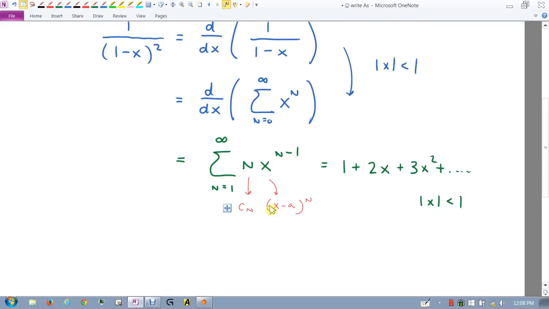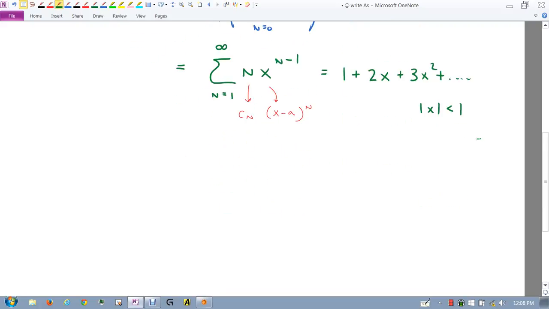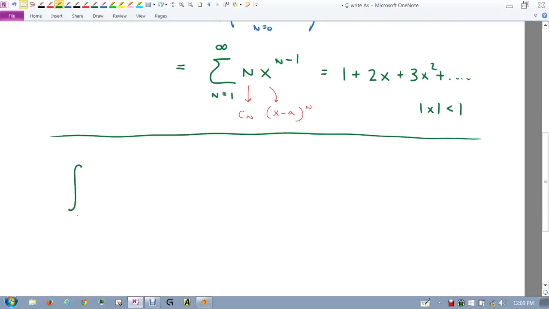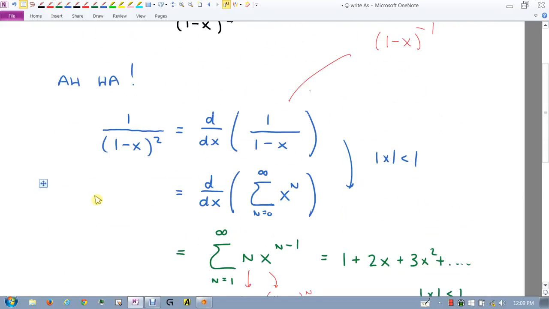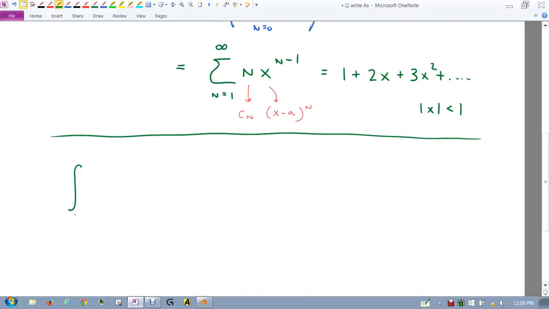So let me try and illustrate something real quick for you, all right? This is just a quick illustration. Let's say I wanted to do an integral from 1/2 to 3/4 of 1 over 1 minus x squared dx. I could find the antiderivative of that very easily, all right, because I kind of needed that up here.